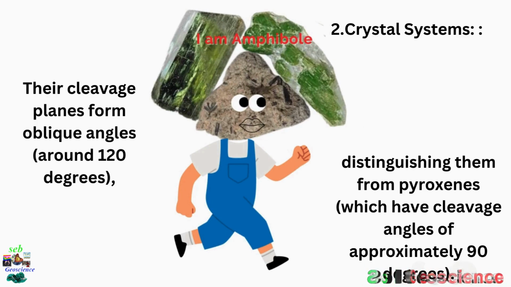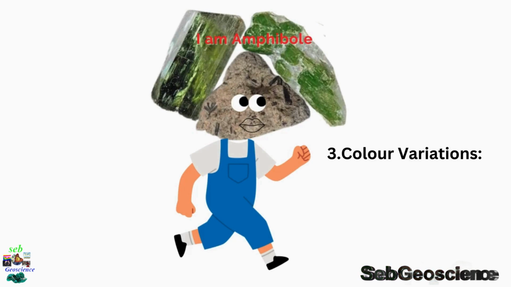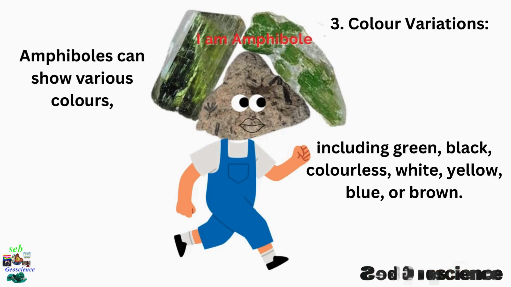The third important physical property, or diagnostic feature, of amphibole is color variation. Amphibole can show various colors, including green, black, colorless, white, yellow, blue, or brown, due to impurities or the chemical composition that cause these variations of color.